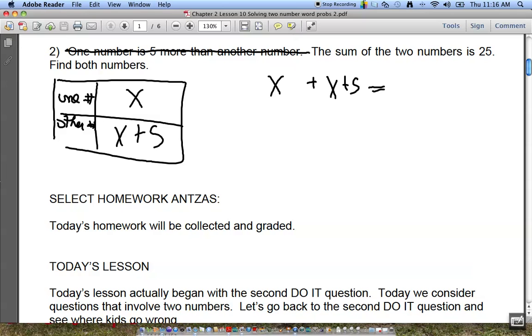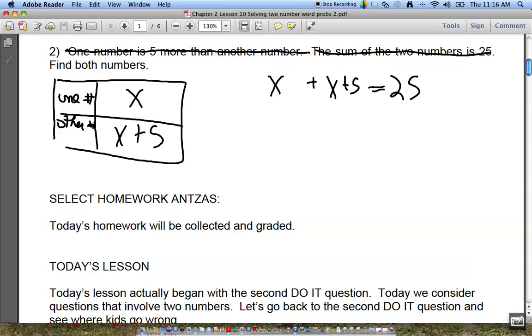All right. The sum of the two numbers is 25. Bingo! That's what I love about crossing it out. Now read what it says. No, over there in the directions.